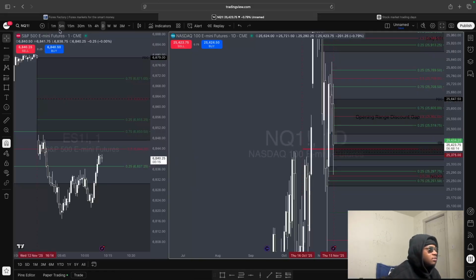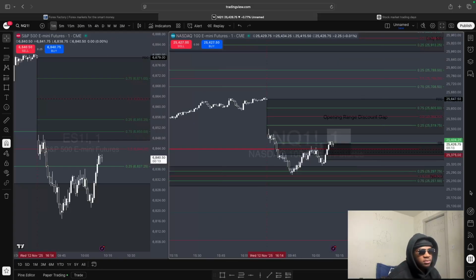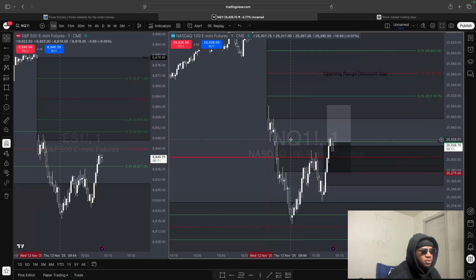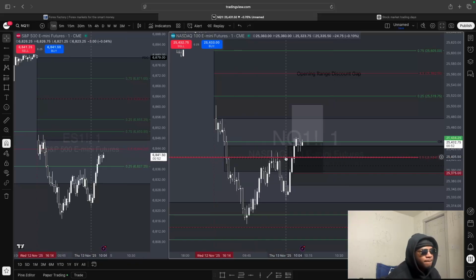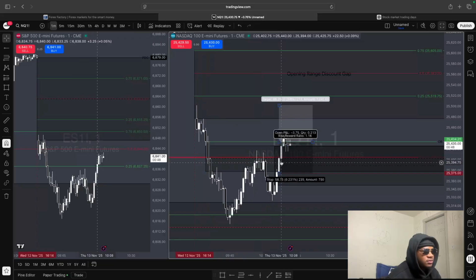But yeah, the middle of this candle was in this premium, if the range. So yeah, I'm gonna explain my trade later. But that was just getting on my nerves.